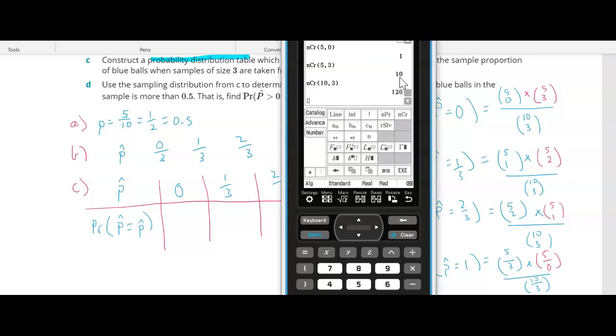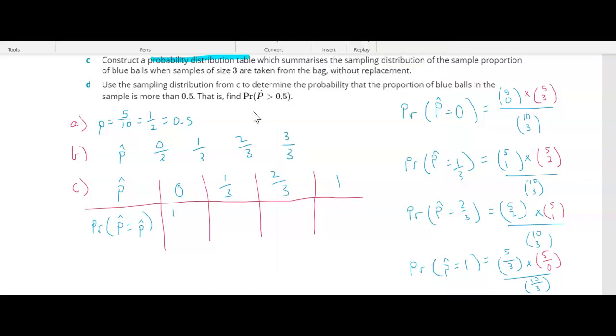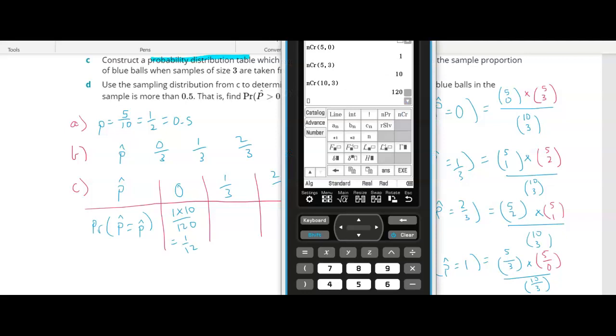So effectively, I'm going to have 1 times 10 over 120, and that's going to be the same for 1 because we've got the same number of blue balls as we do red balls. So that is equal to 10 on 120, which is the same as 1/12, and this is also going to be 1/12.